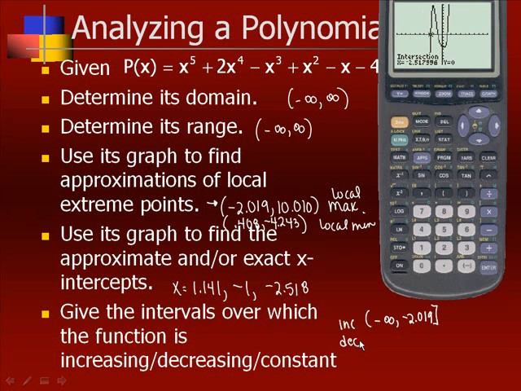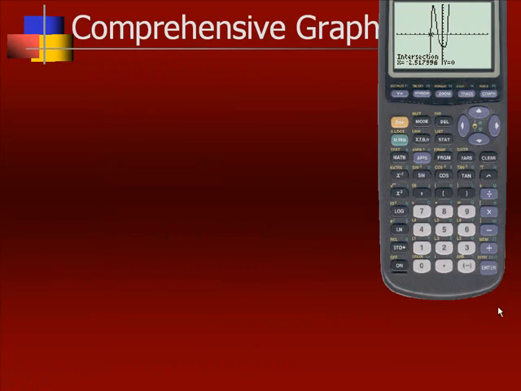And then it starts decreasing from the local max all the way down to the local min, which means it decreases from negative 2.019 to x is 0.408. And then it starts increasing again at 0.408 all the way up until infinity.